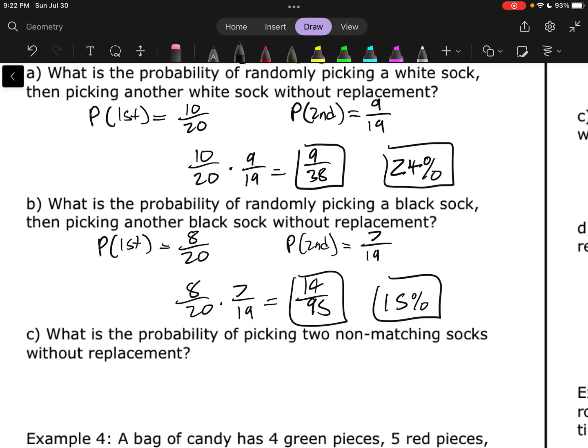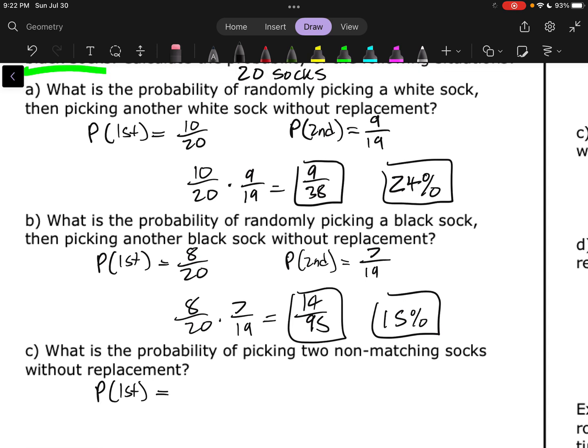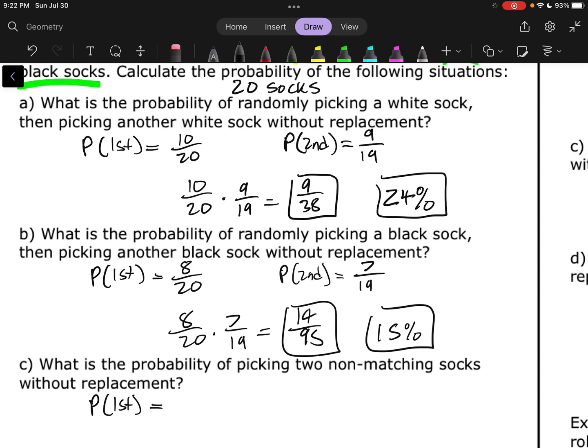And lastly, this says, what is the probability of picking 2 non-matching socks without replacement? Okay, so I either want a black and a white, or I want a white and a black, right? If these are going to be non-matching. So let's just consider the first one here. The first one, it doesn't really matter which we want. Let's get a white sock first.